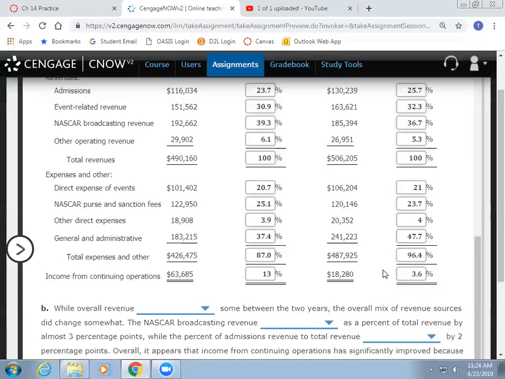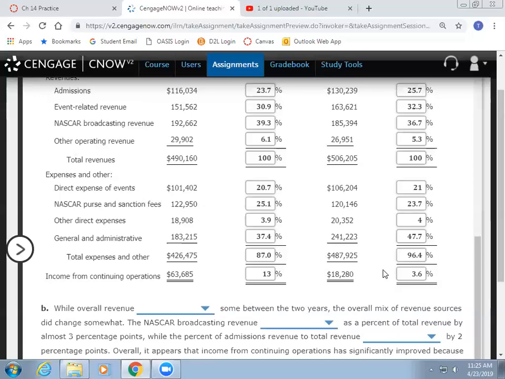And where we made the biggest cut was here in general and administrative, and we can see that. So we ended up with a better net income in the current year just by cutting some costs, okay? So in B, we can see it says overall revenue actually decreased some between the 2 years. We went from 506 to 490.